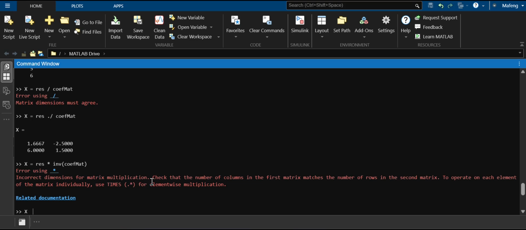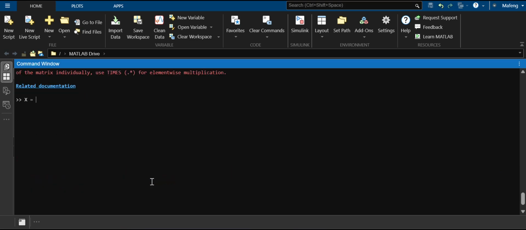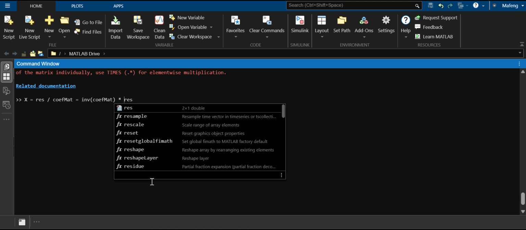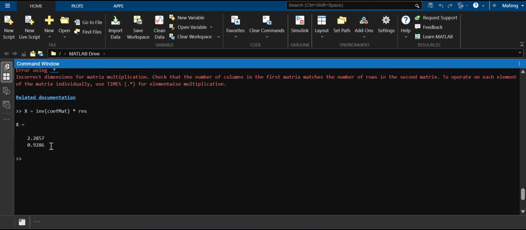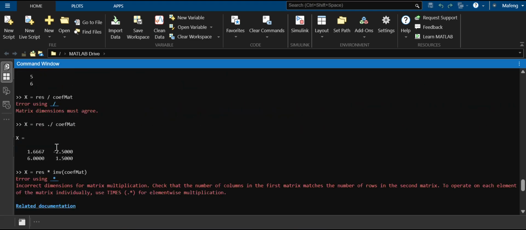Okay, sorry, my mistake. To solve this, what you need to do is res divided by the coefficient matrix, which is equivalent to the inverse of the coefficient matrix multiplied by res. So this is what we're going to do. And our x is going to be 2.2857 and our y will be 0.9828.